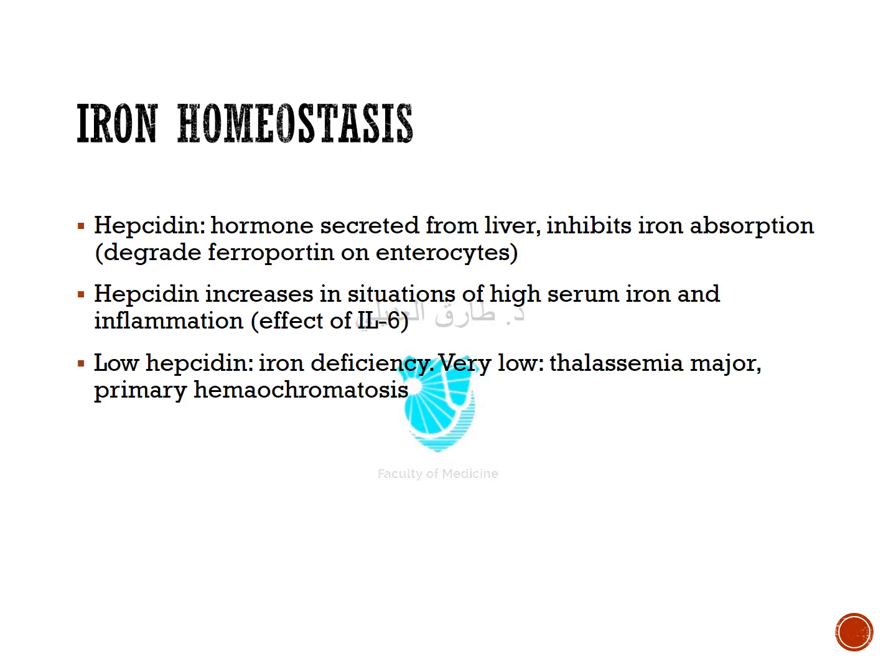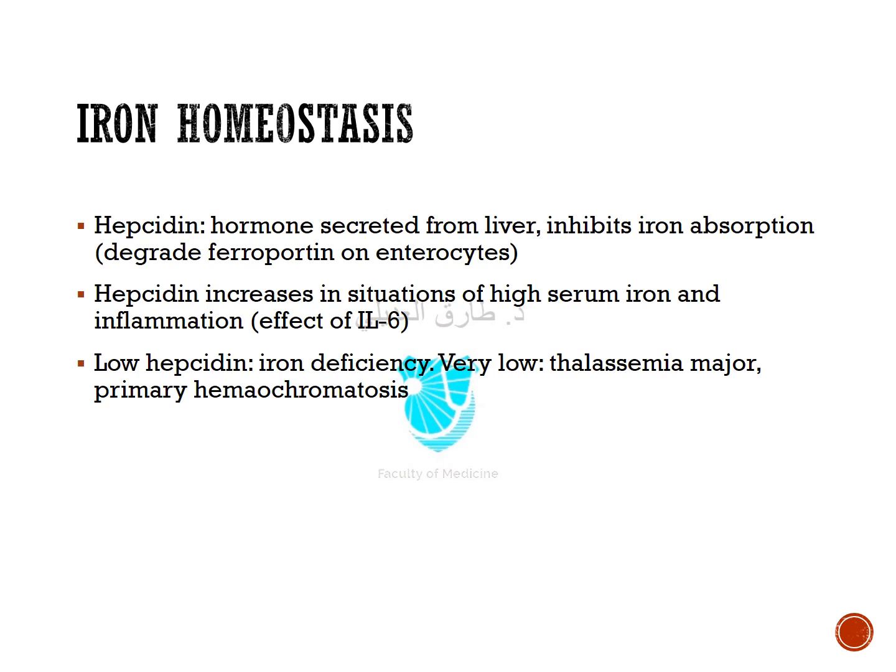Hepcidin increases in special situations, if we have a high serum iron in the blood, or if we have inflammation. Interleukin 6, which is a cytokine that increases in inflammatory reactions, will activate hepcidin and thus inhibits iron absorption from the gut.